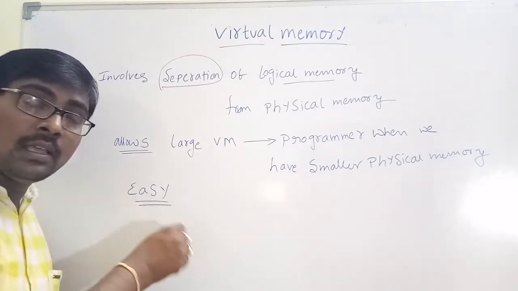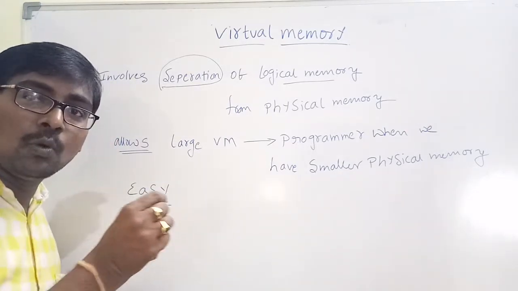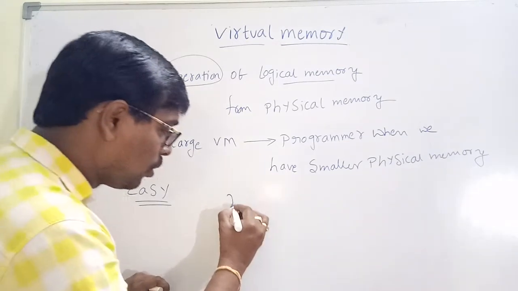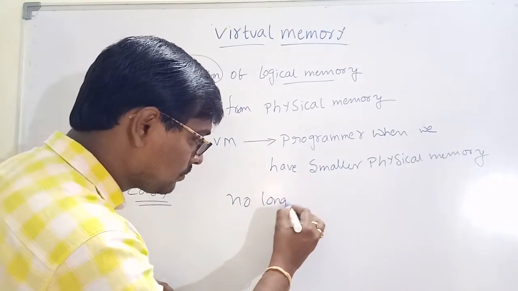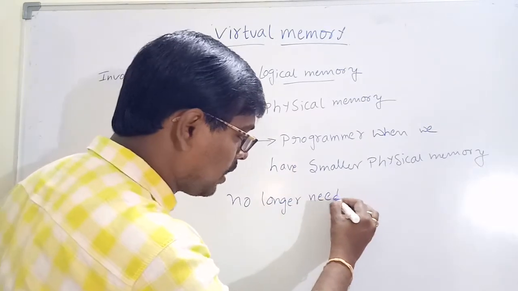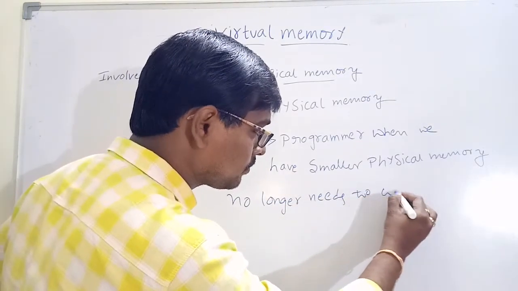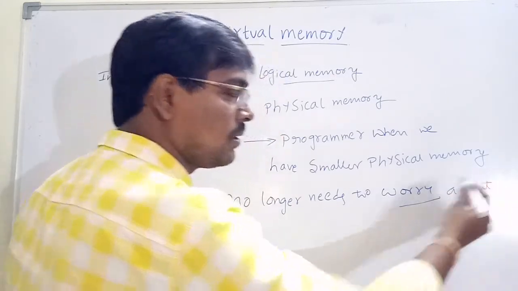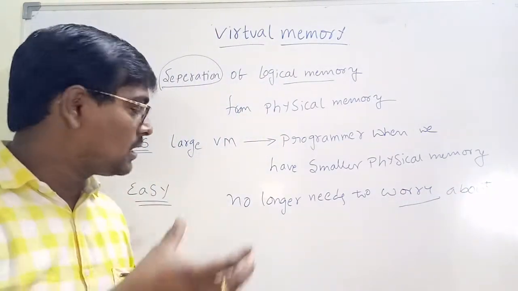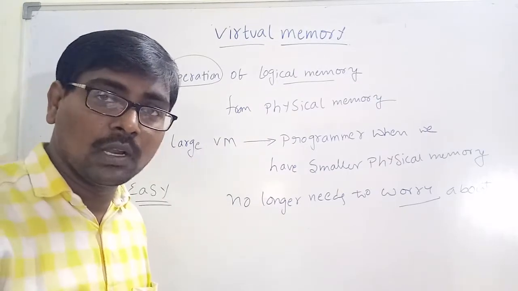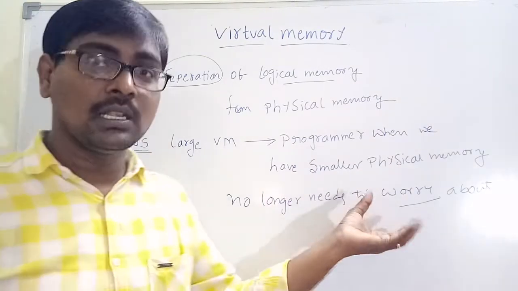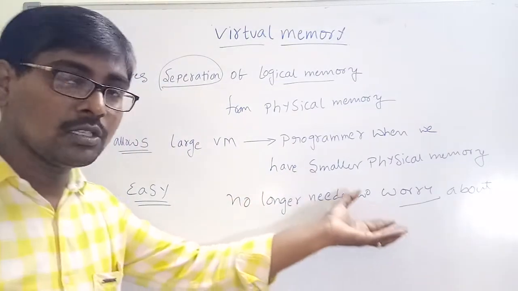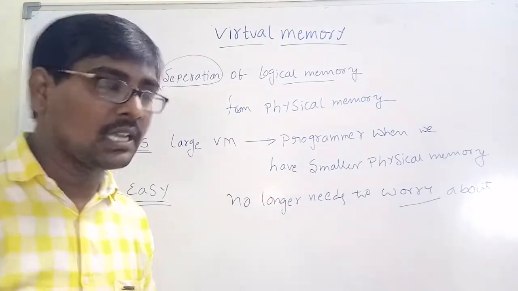The programmer mainly concentrates on programming, not on the memory. Because we already provided a large virtual memory, there is no longer a need to worry about the available physical memory.